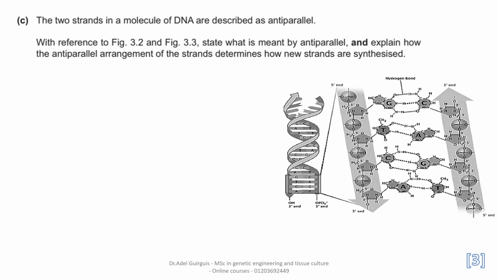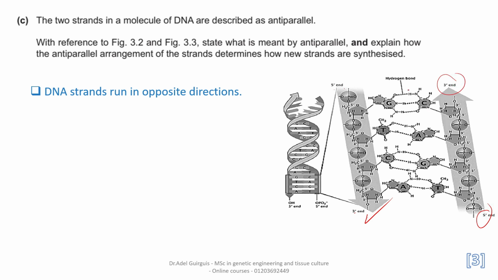It is formed of two strands that run parallel to each other but antiparallel. This means they are opposite in their direction. DNA strands run in opposite directions. The first strand is 5' end towards 3' end down, while the other one is 5' end to 3' end up. They run in opposite directions.